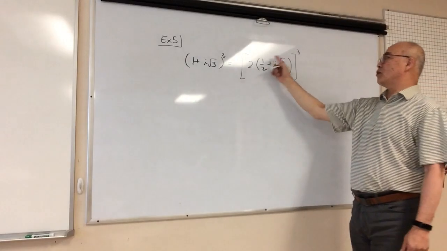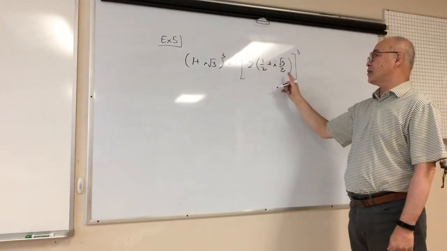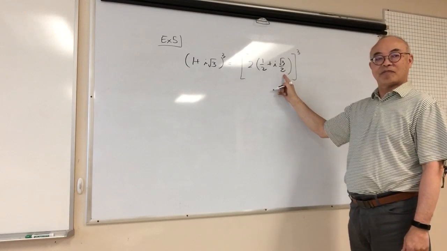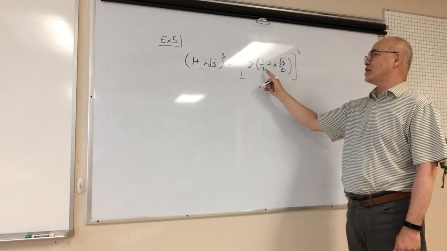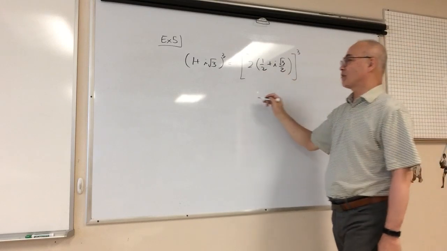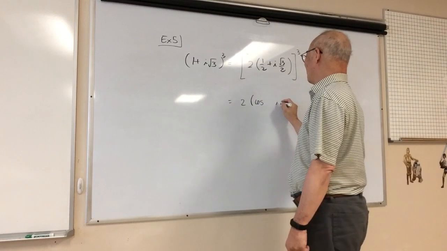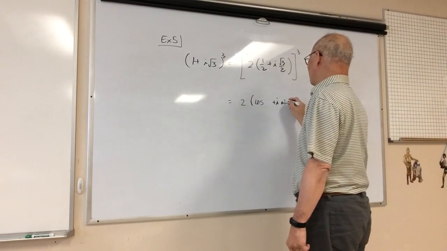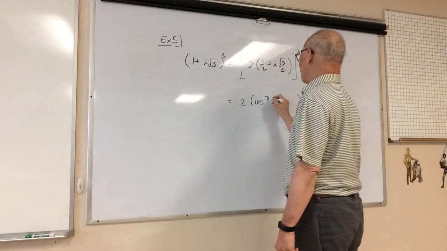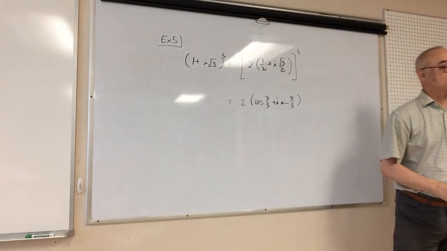So I have to change this into polar form. So this is going to be my cosine theta. This is going to be my sine theta. So which theta gives me this cosine value and this sine value? Pi over 3. Pi over 3, that is correct. 60 degrees, right?